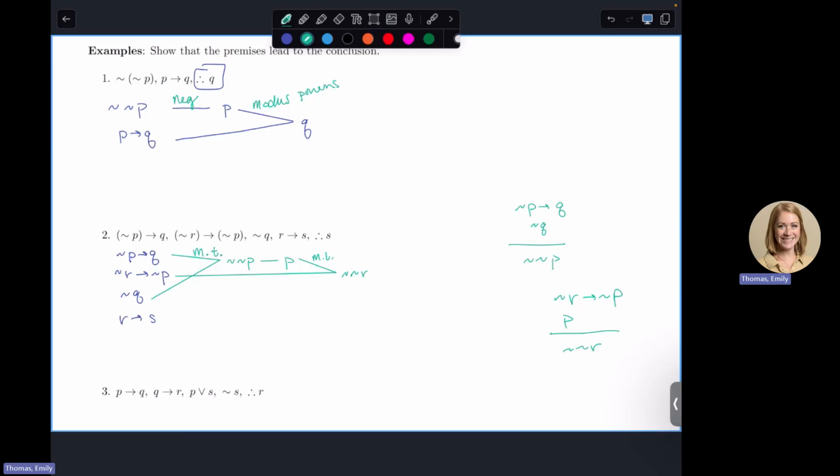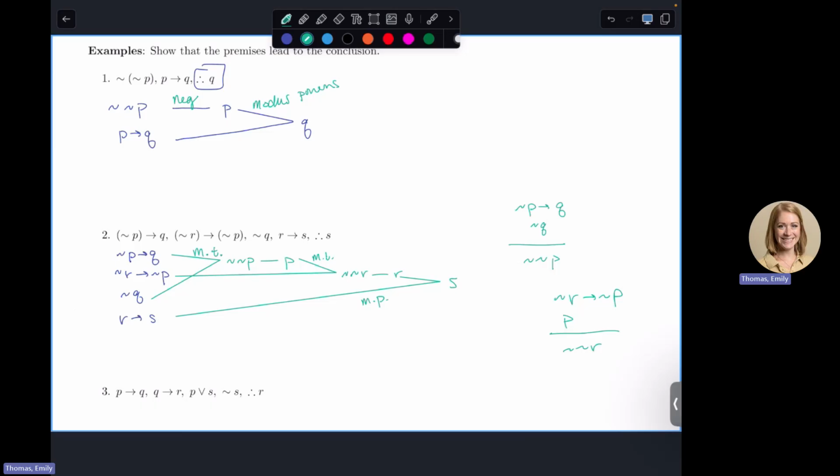So that is R. Modus ponens. Yes. So the R's go away. And then you're just like this. Does that make sense?